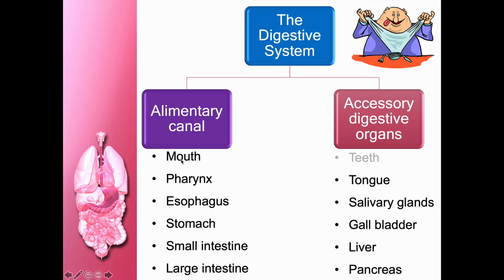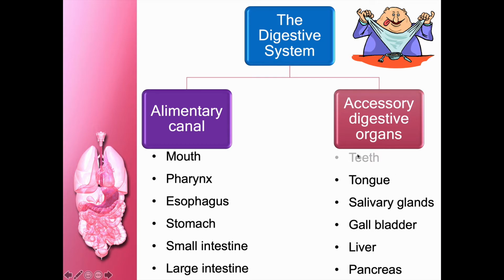It starts with the mouth, pharynx, esophagus, stomach, and small intestine, which includes the duodenum, jejunum, and ileum. Then the large intestine, which includes the cecum, ascending colon, transverse colon, descending colon, sigmoid colon, rectum, and the anus.